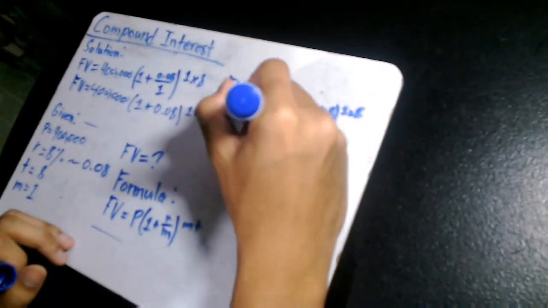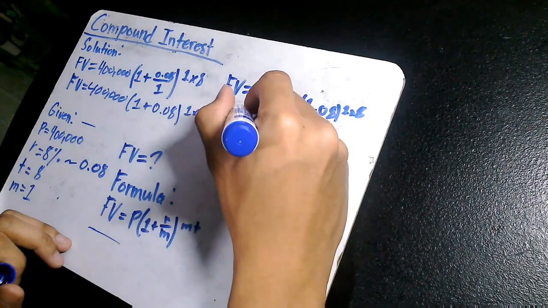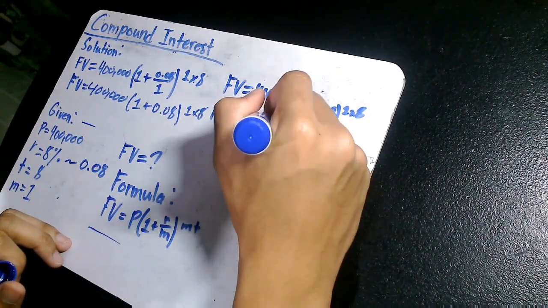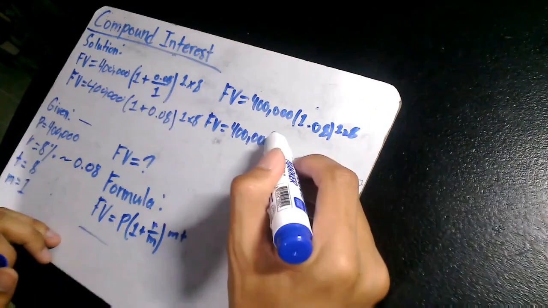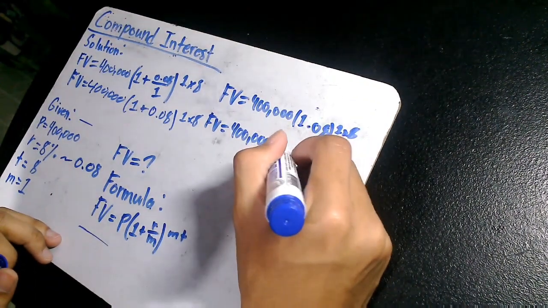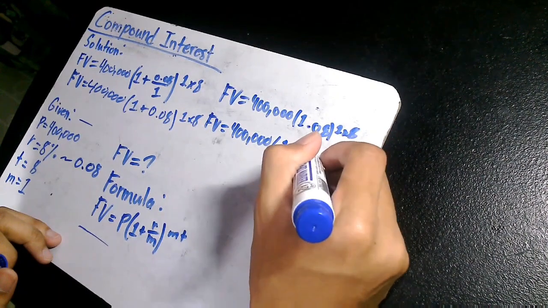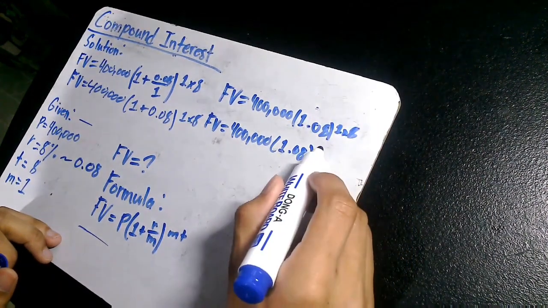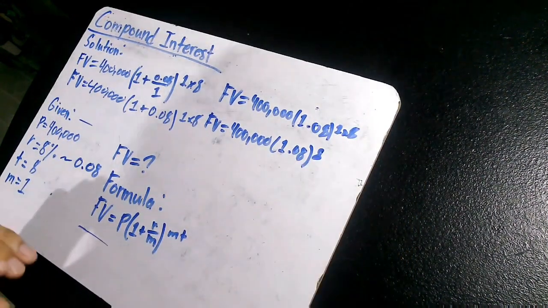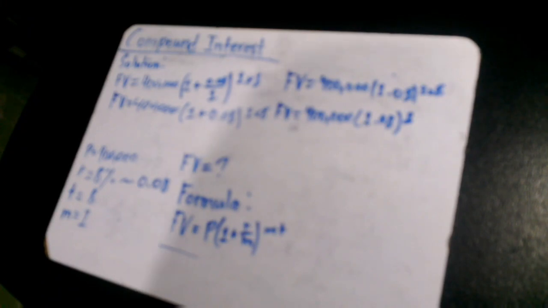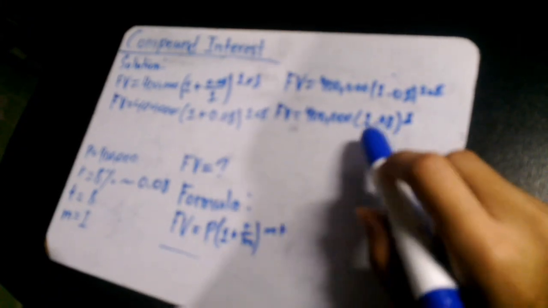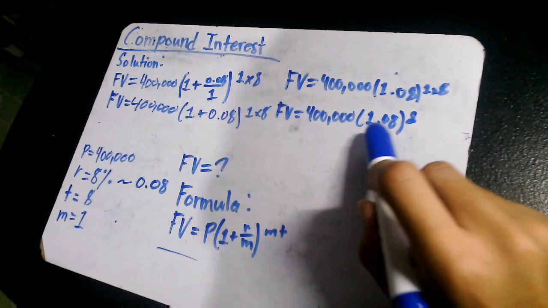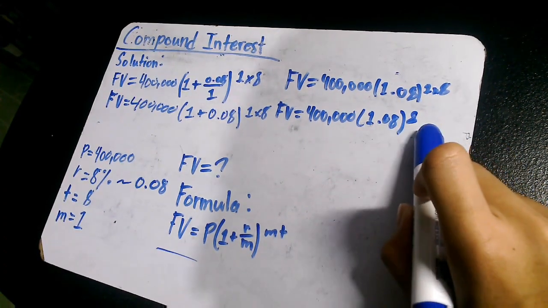FV equals 400,000 should stay the same. 400,000 multiplied by 1.08. 1 times 8 is 8. The next we should solve is 1.08 raised to the power of 8.